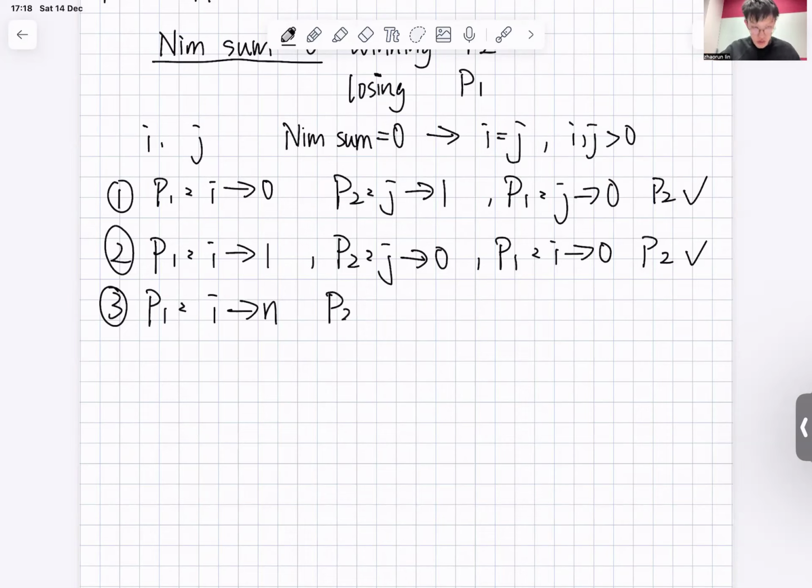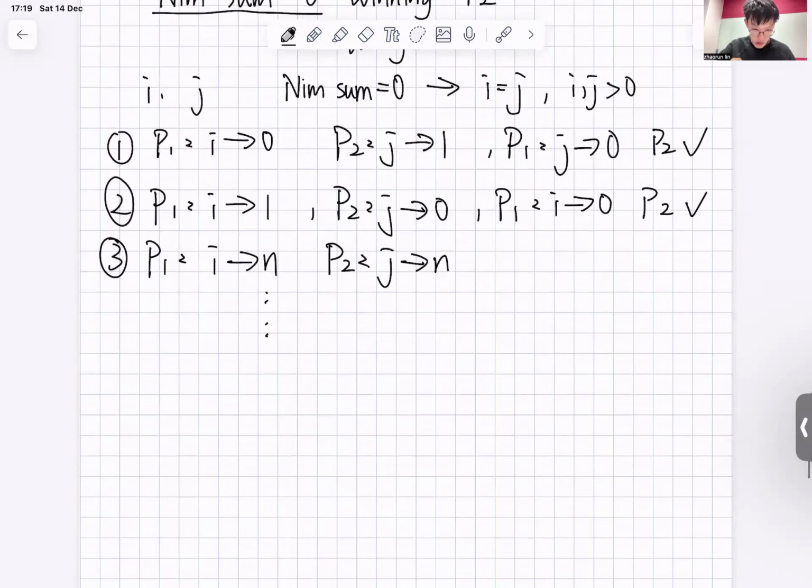Player 2 can use the strategy that is taught in class to copy player 1's move. So he will reduce j to n. And in the end, we keep on reducing the numbers, and player 2 keeps on copying player 1's move. In the end, we will have player 1 reduce i to 1, and player 2 reduce j to 1.